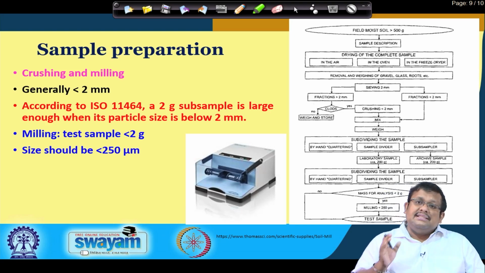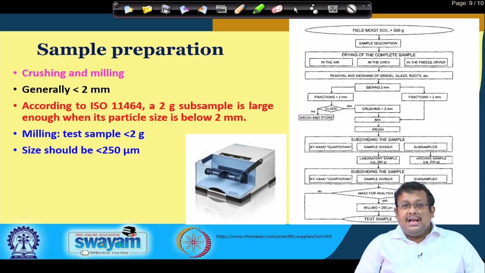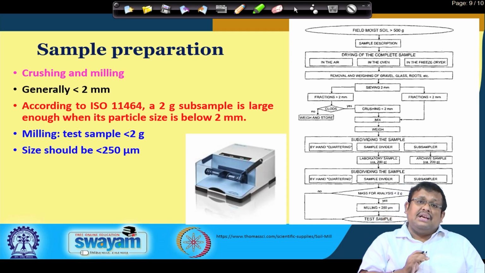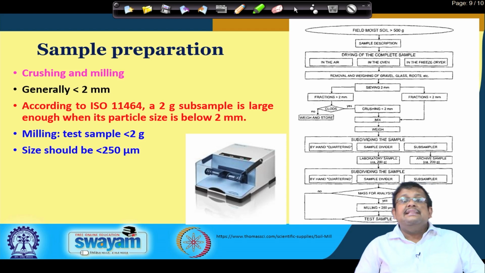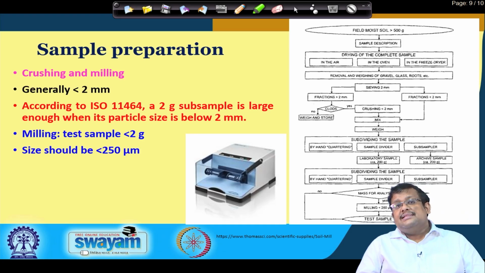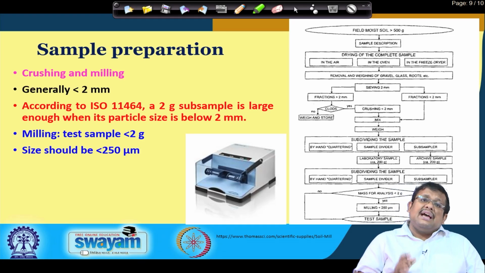So, when the particle size is below 2 millimeter, then a 2 gram subsample is enough for doing the analysis. However, milling is done when the test sample is less than 2 gram. So, when there is a test sample which is less than 2 gram, then generally milling is done.